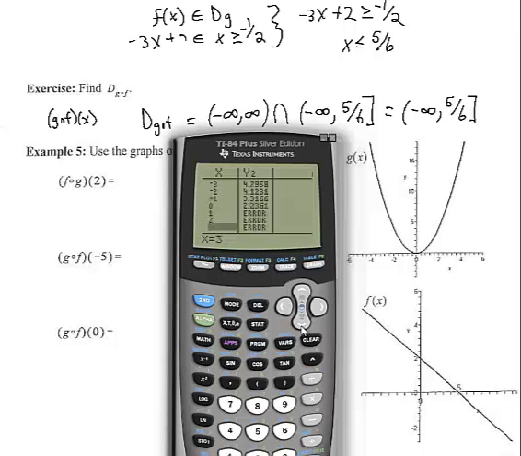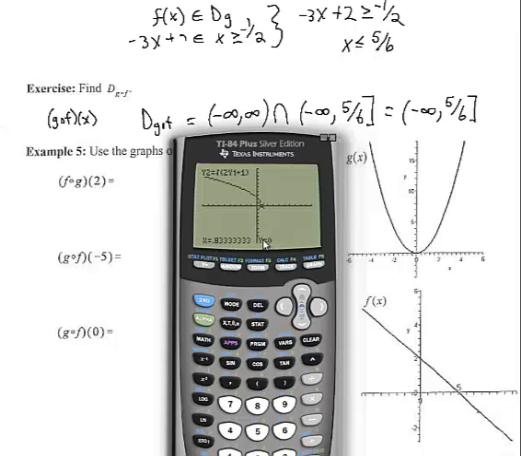Well, for all of the positives, 1 included and beyond, we get an error, and that's because those values are not in the domain. If I go back to my graph and I hit trace, and then I type in 5 divided by 6 for x and hit enter, you will see that I actually have a return value.